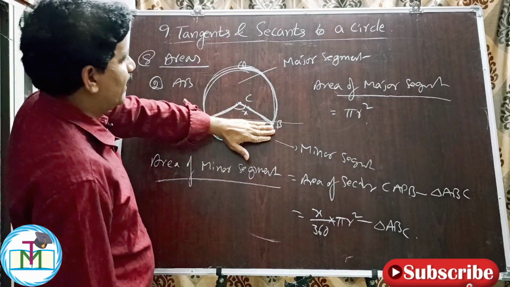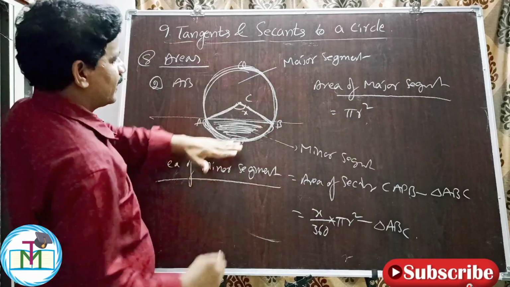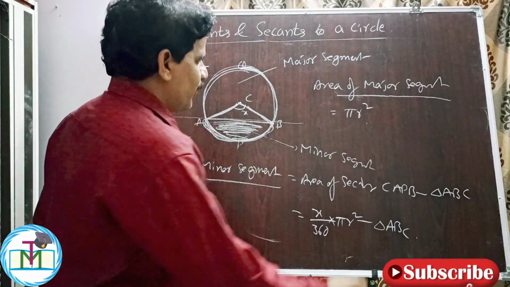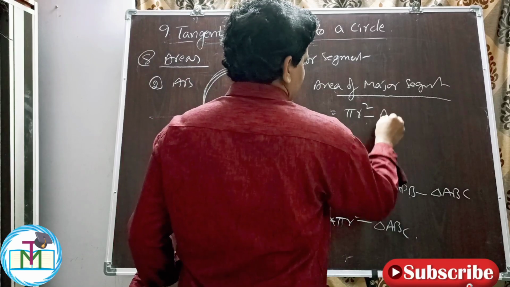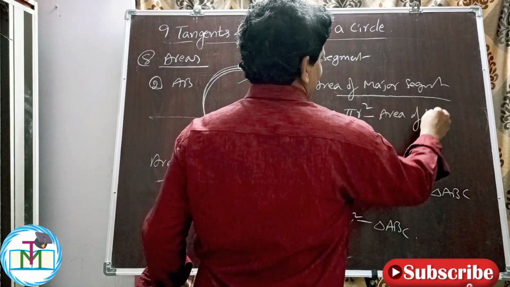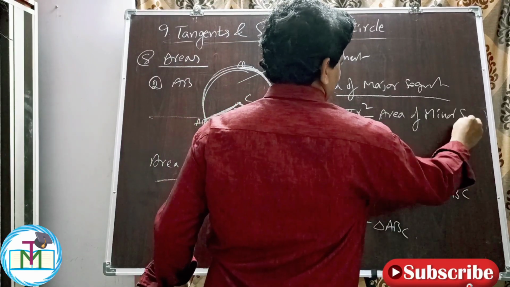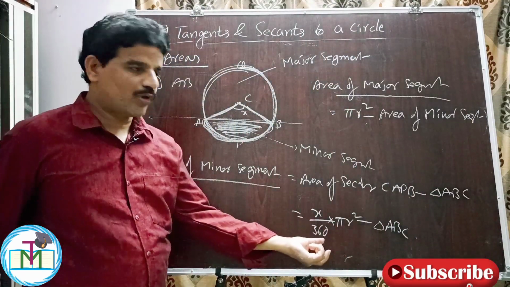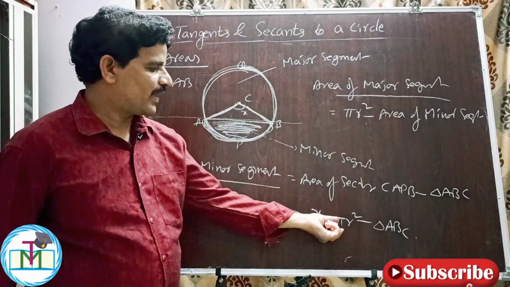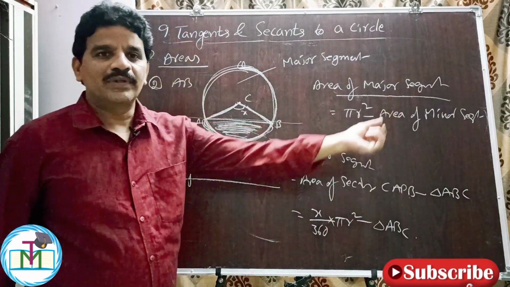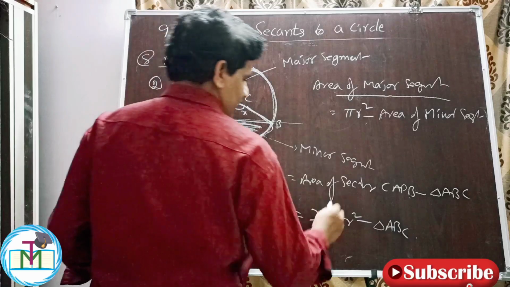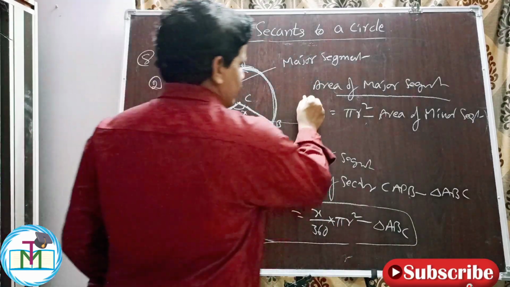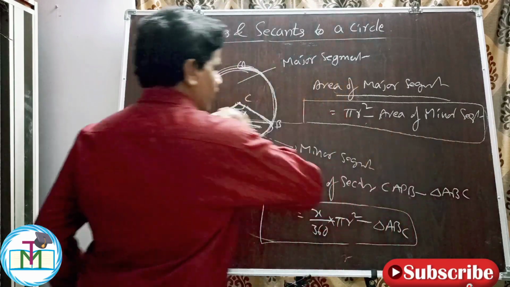Therefore area of the major segment is area of full circle minus this part, which should be removed, APB, minus area of minor segment. Area of minor segment formula is x by 360 into pi r square minus the area of the triangle ABC. This is for the area of the minor segment, and this is for the area of the major segment.